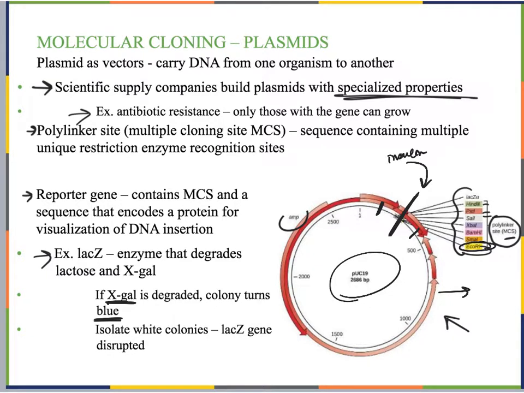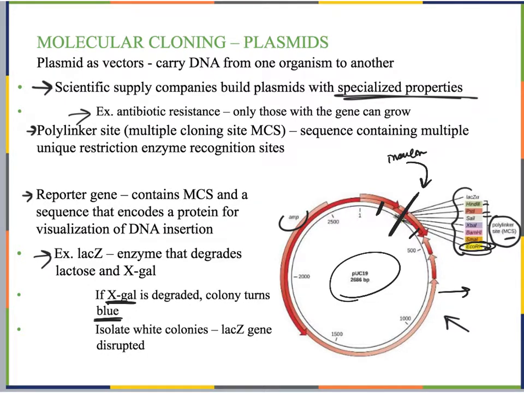Now we've got a huge chunk of DNA within the LacZ gene that is going to code for LacZ. When that happens, the bacteria that has this plasmid in it is not going to be able to make the protein for LacZ anymore, because it's been disrupted.